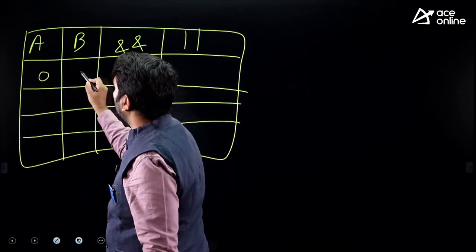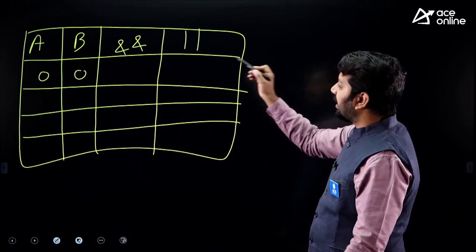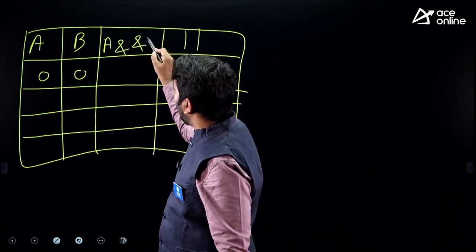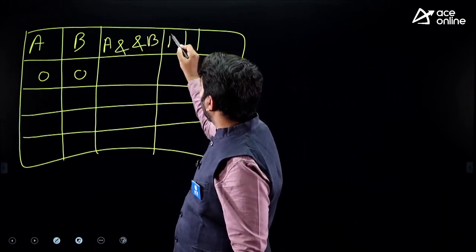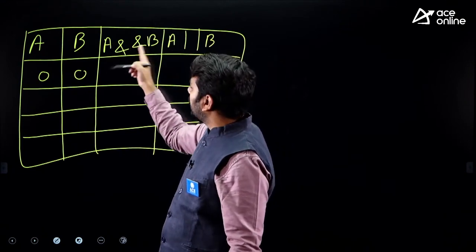If A is 0, B is 0, what will happen? Now you might be thinking, sir, what is AND? That means it is nothing but A and B, and it is A or B.